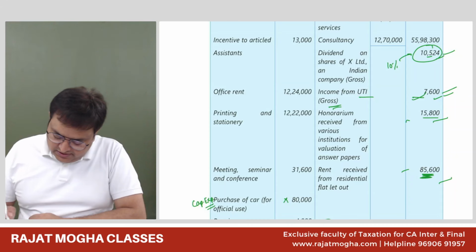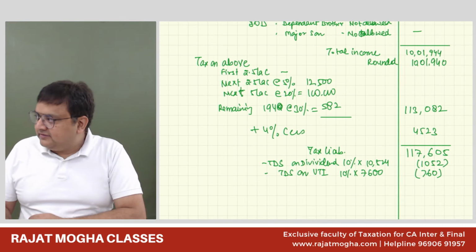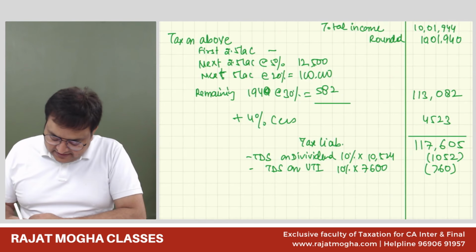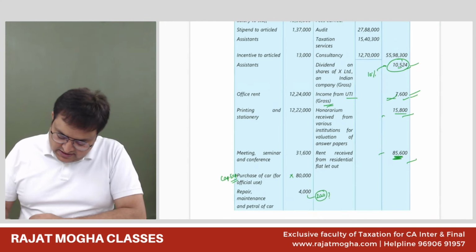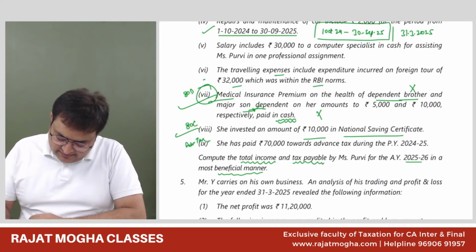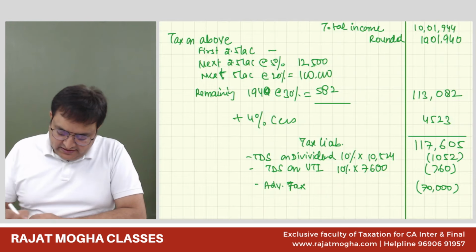Correct. Now, no other TDS. So this is the TDS. And this assessee has also deposited some advance tax. How much? 70,000. It is given to us that he has deposited some advance tax of 70,000 rupees here, so we'll take that benefit also.